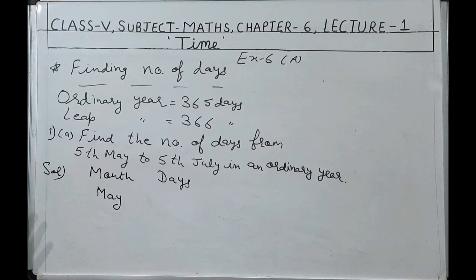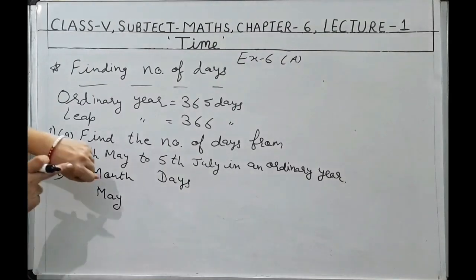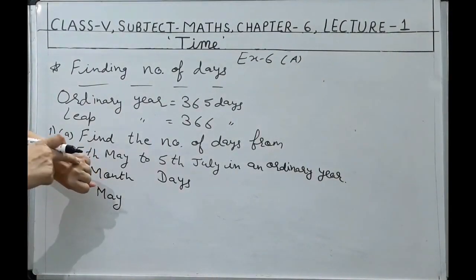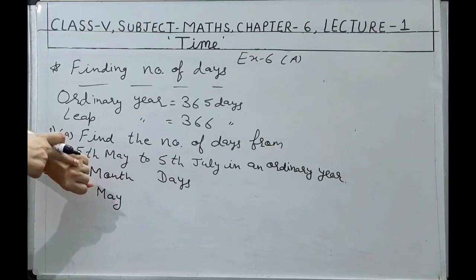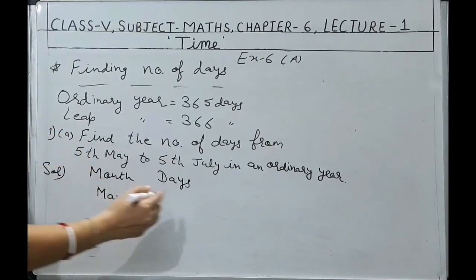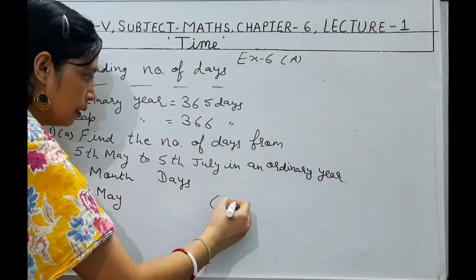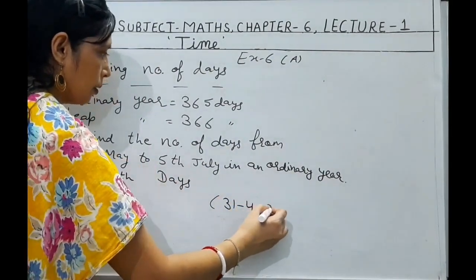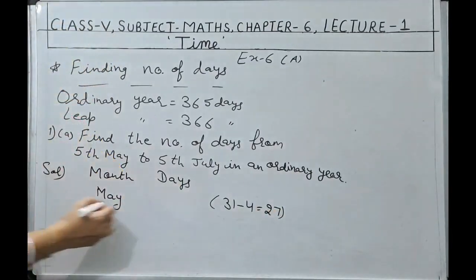These 4 days we are not going to count. Now, how many days are there in the month of May? Okay, January, February, March, April, May. May कहाँ रहा? ऊपर आ रहा है. So it has 31 days minus 4 days. So days left are 27.